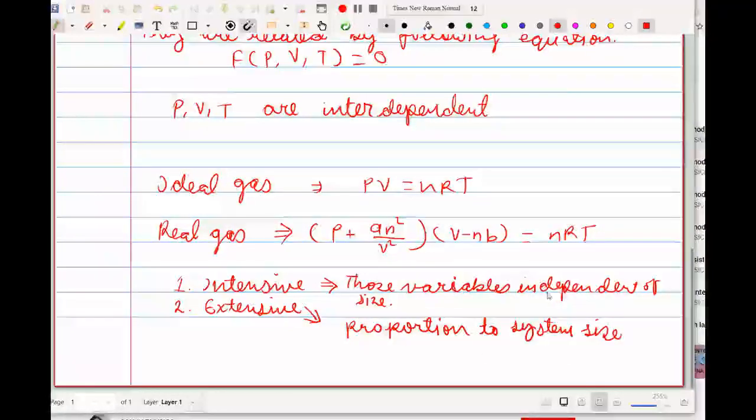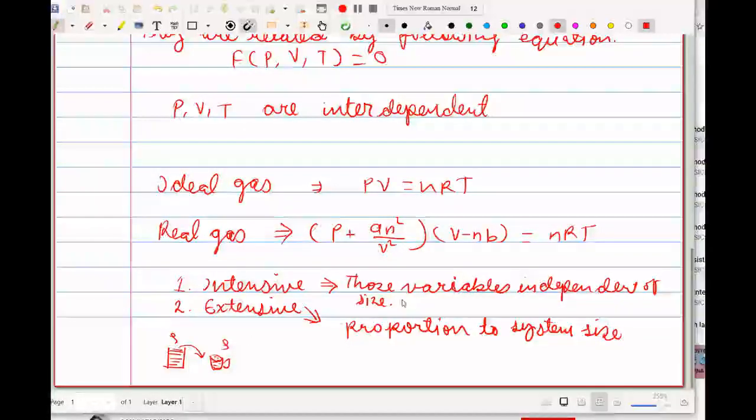So what is independent of size? If you take water in a glass and the glass is full, and you pour this water into the cup, then you see the density is the same. When I pour it into this cup, the density is the same again.